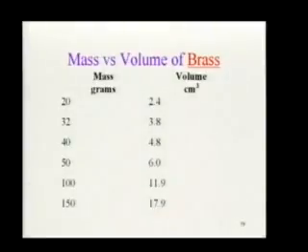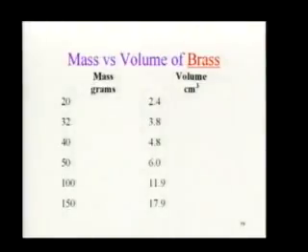All right. So here's an example, an illustration. Let's say we have brass. Brass is an alloy made of zinc and copper. Okay? We'll talk about those type of things later in the semester. But if I have certain samples of brass, let's say they're cubes, because cubic centimeters, that way they're easy to measure.